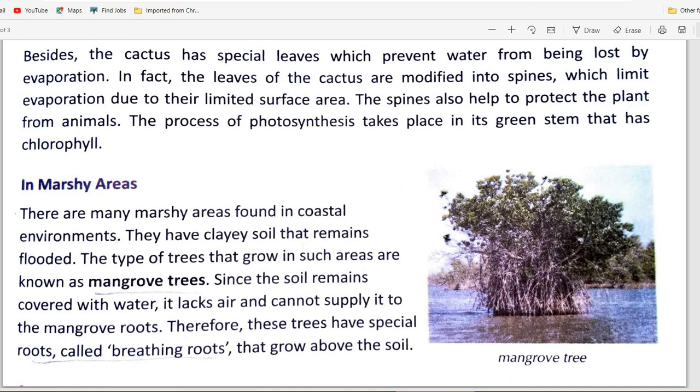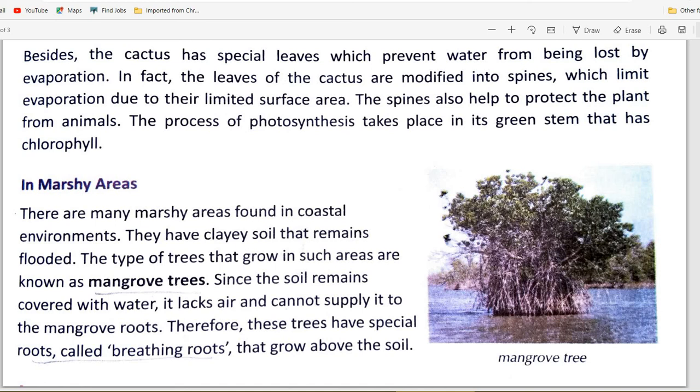Because they have the quality to survive in coastal areas, means flooded and clay soil, they have breathing roots, which we can see easily because the roots come out from the soil to take in air, and these roots are called breathing roots, and these types of plants are called mangrove plants.